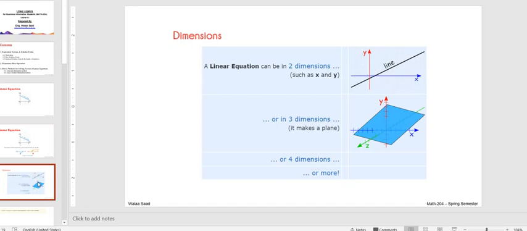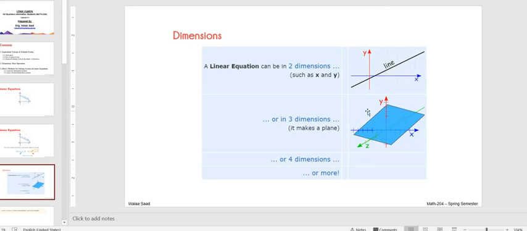For the dimension, we might deal with 2 dimensions, which is a straight line in two unknowns, which are the x and y. This will be considered as the 2 dimensions, the 2D. It might be extended to the 3 dimensions, like we discussed the plane, the full plane, extendable from all the directions.